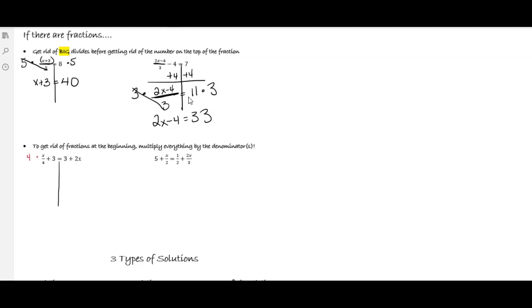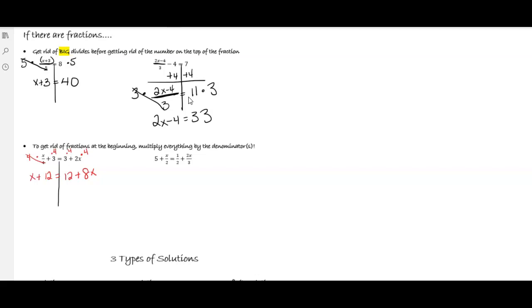Usually you multiply the left and the right by 4, but there's two things on the left. So that means I need to multiply both things on the left, just like there's two things on the right. I need to multiply both things on the right by 4. I was trying to get rid of that first 4, so it's gone. So I'm left with x plus 12 is equal to 12 plus 8x.